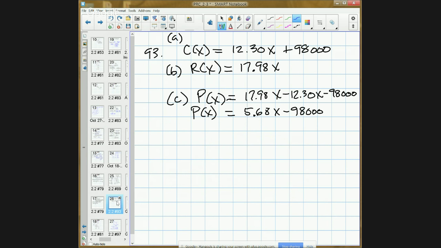So you have to multiply that by how many units in order to get your cost. So 12.30 times x. And then there's the fixed costs that will always be there, 98,000. So there's your formula for cost. And then the revenue, the amount of money you take in, is just $17.98 per item. So that's a pretty easy model.